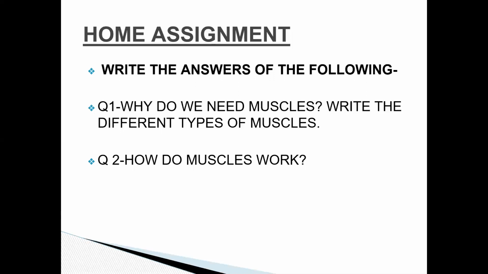And third is cardiac muscles. Cardiac muscles are present in the heart, and they are also involuntary muscles. How do muscles work? Muscles work in pairs. It means that when one muscle contracts, at the same time the other muscle expands.